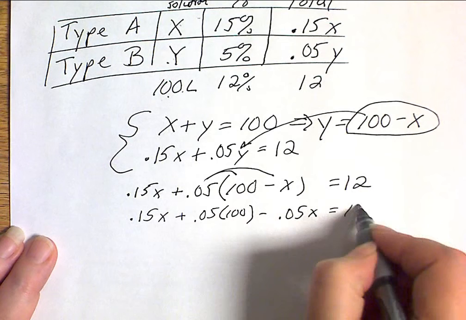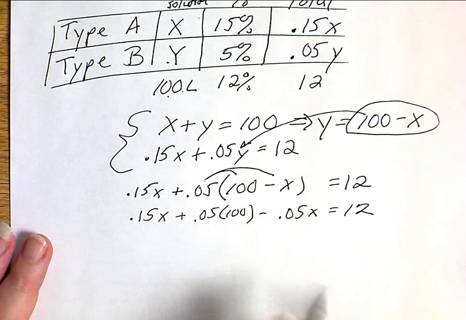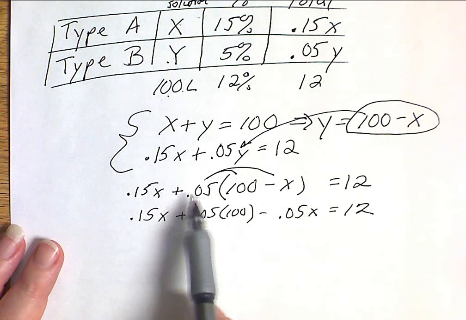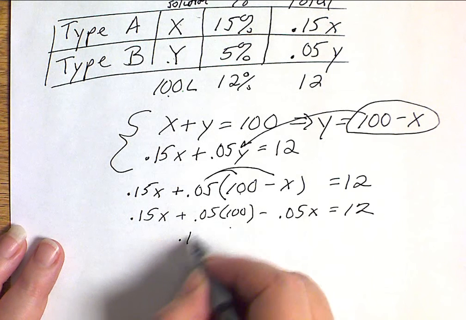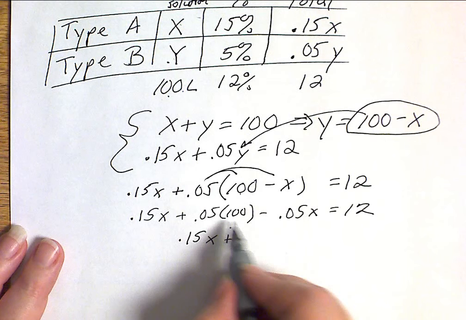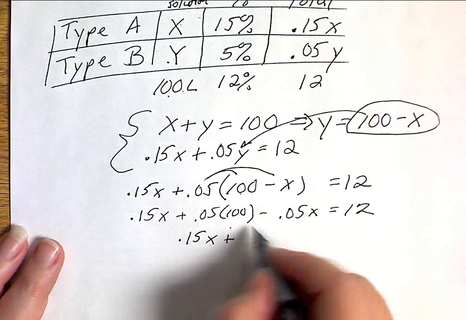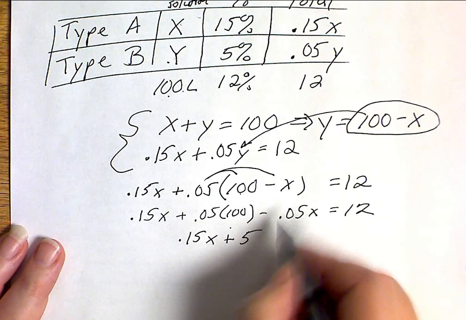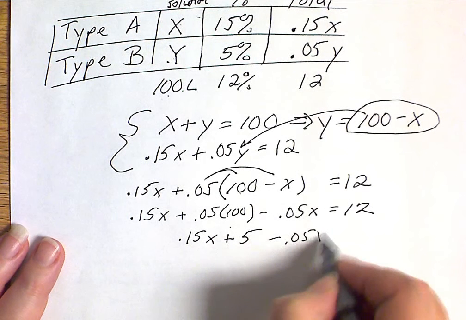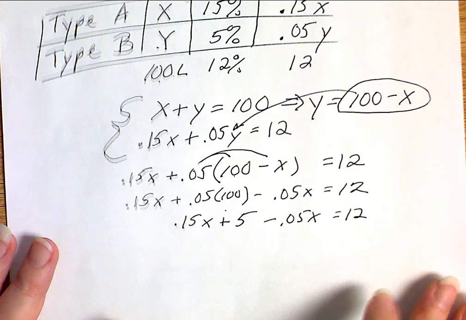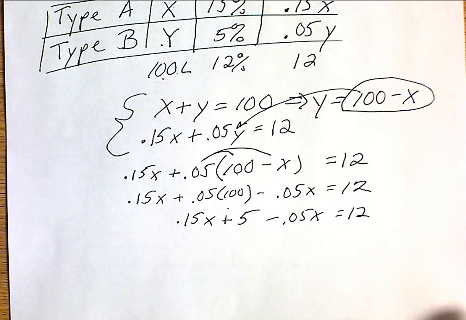I didn't multiply it out, sorry, because you would have to go 0.05 times 100. So you got 0.15x plus, if you multiply these out, you get 5 minus my 0.05x is equal to 12. Lincoln, did you have a question or you get it now?